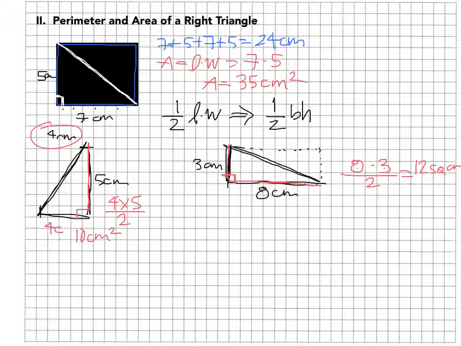Now I'm going to give you 3 examples, and I want you, after each example, to pause, solve it, and then check your answer with what I do, and do it for each one. All right.